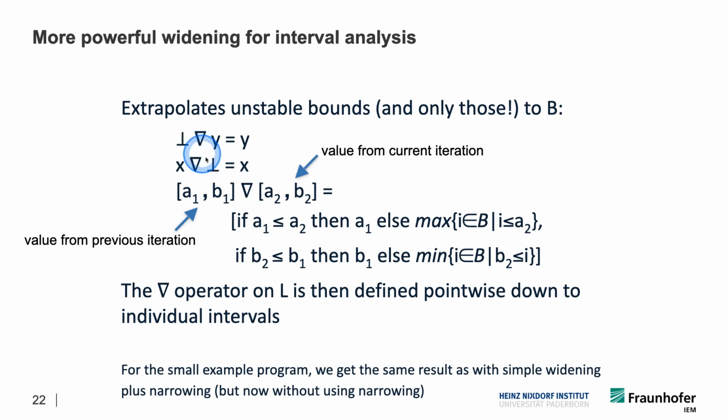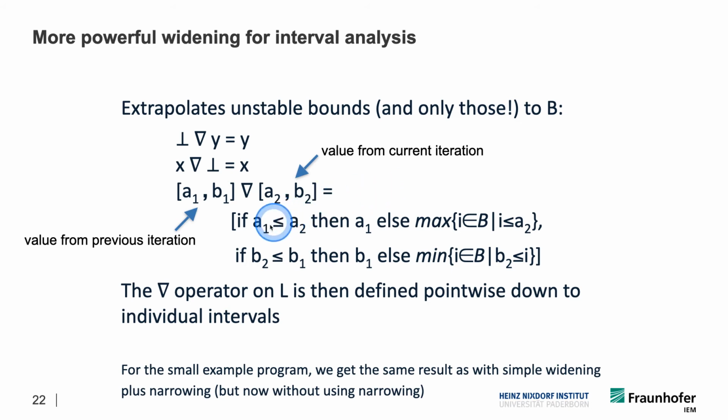So basically the bottom element is ignored. So we always take the other value. And then if we have widening on two non-trivial interval values, then it's defined as follows. And here it's important that this is not a symmetric expression, right? So it matters that the left-hand side value is the value from the previous iteration that we computed, and the right-hand side value is the one that we compute for the current iteration. And then the following definition makes sense.